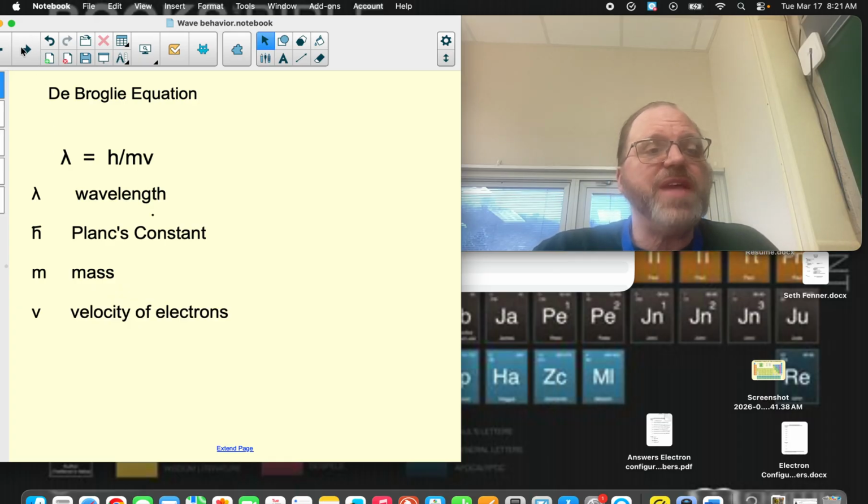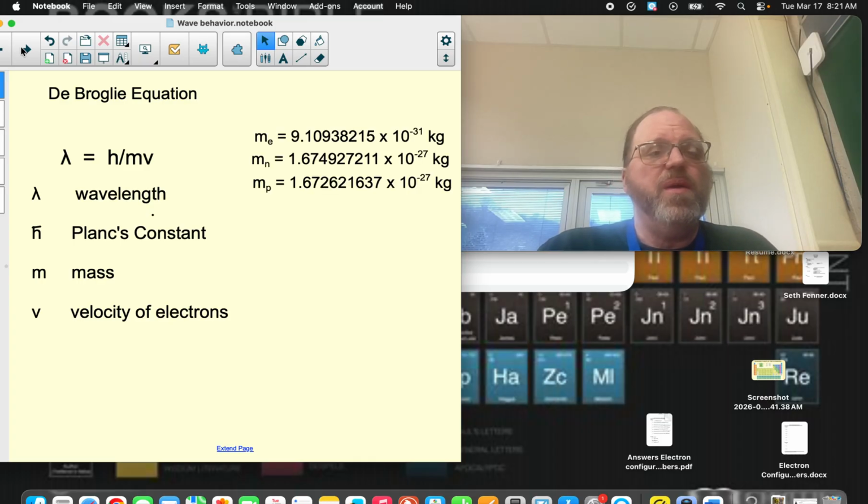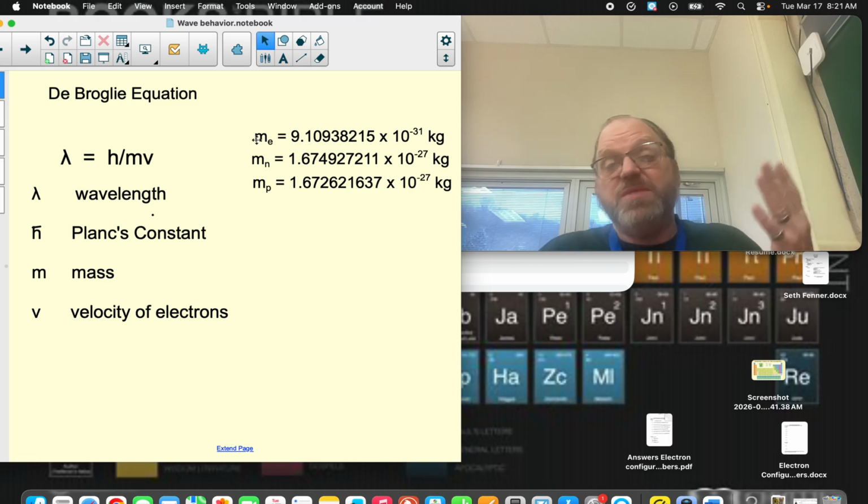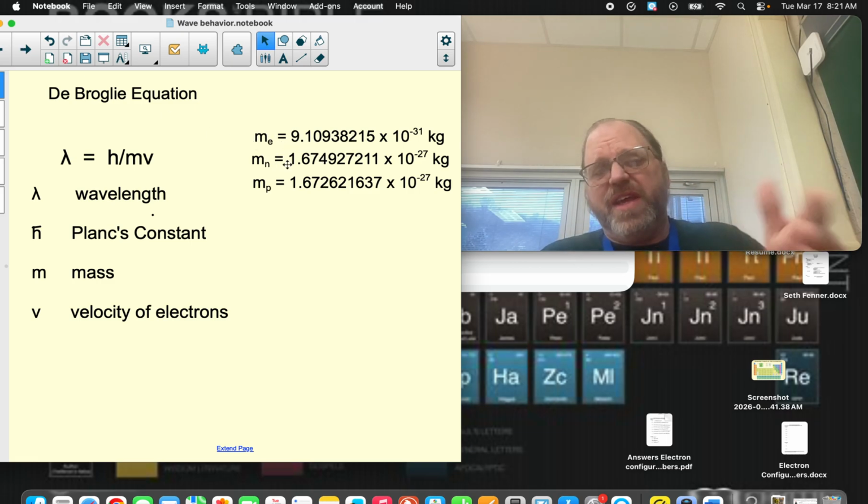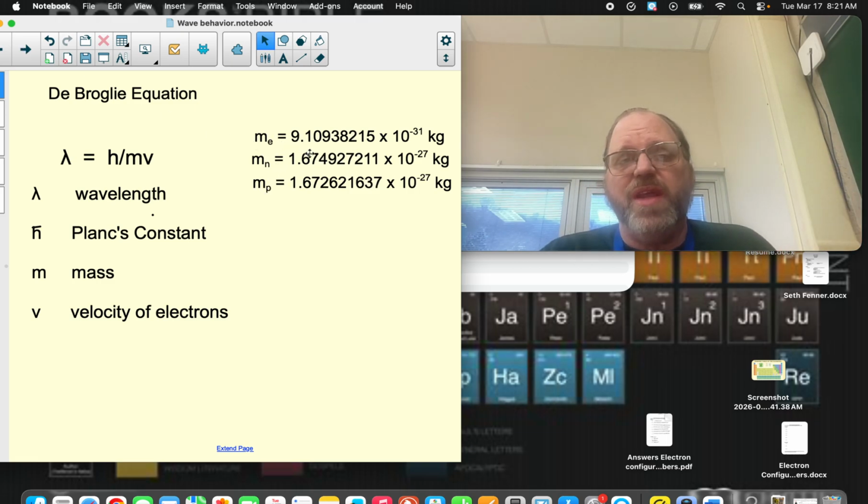So let's take a look at the problem here. We also need to know the mass. We're usually going to use electrons because that's what's inside there, but just for kicks and giggles, do know the mass of a neutron is right there, and the mass of a proton, just to see if we can throw those in there and mess with you a little bit.